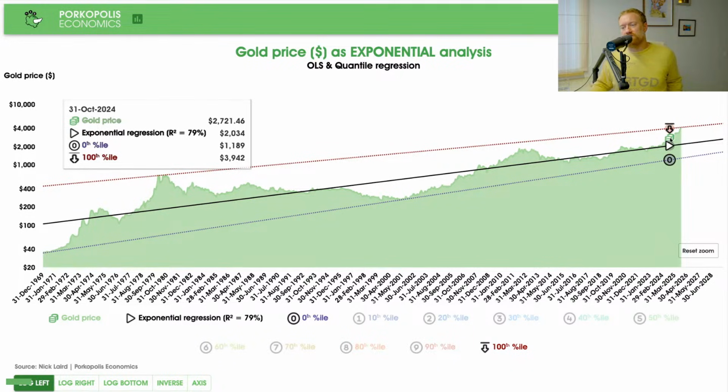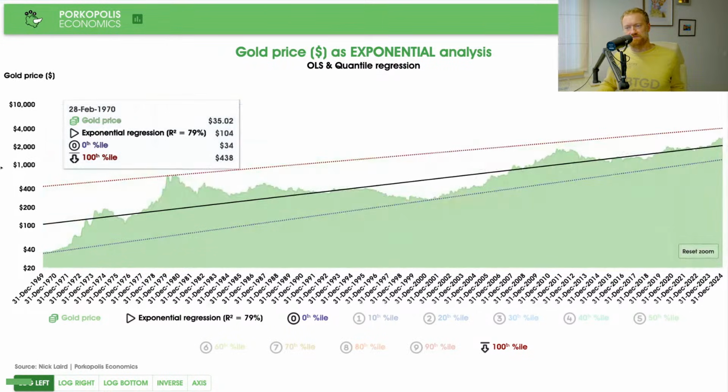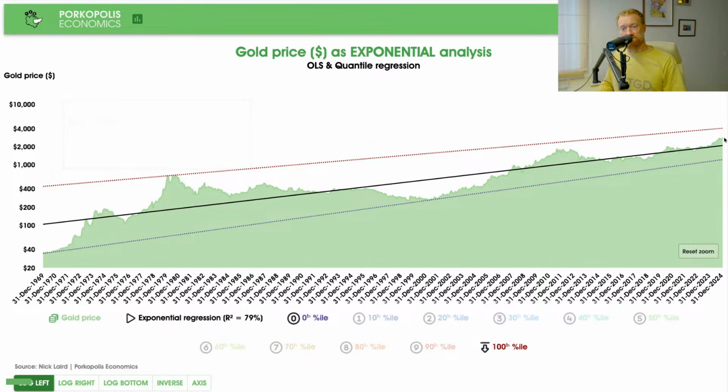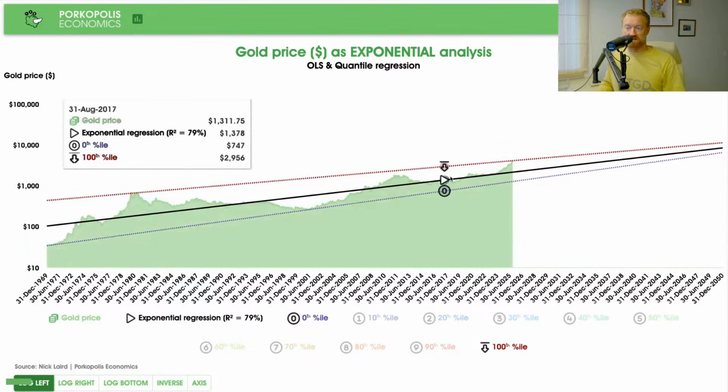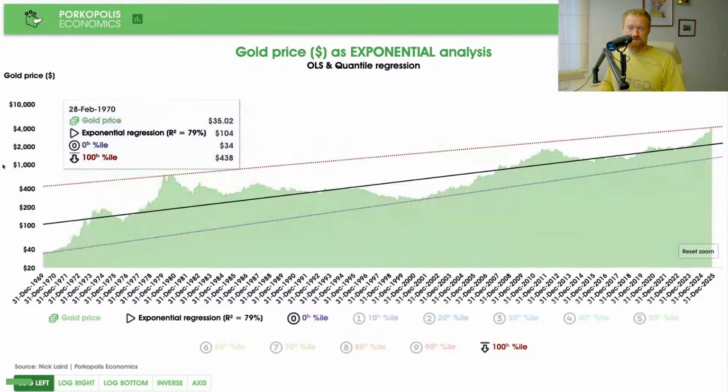By the way, if I would have drawn this at the start of this year, this line would have been lower. So the stats change. It's not a crime to change it. This red line at the top would have been lower because you would have seen that, okay, until then, there was no extreme pump. It probably would have even kissed this line if we just did the data from the start of this year. But since we had this pump, it has to include it.